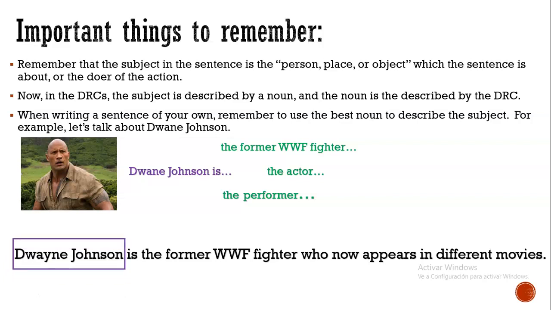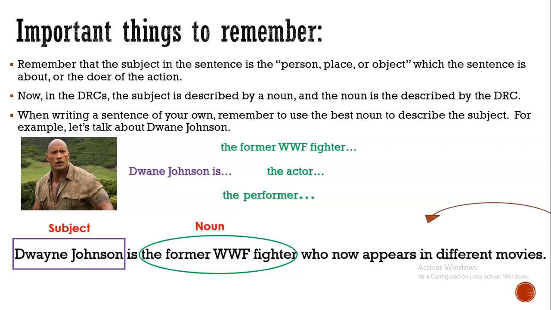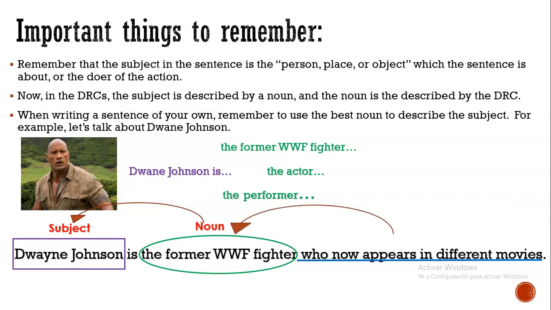Let's analyze the sentence. Dwayne Johnson is the subject. The former WWF fighter is the noun describing my subject, and the DRC is who now appears in different movies, describing the noun. And it's a DRC for people because we have a relative pronoun, who. And of course, we could change it for that.